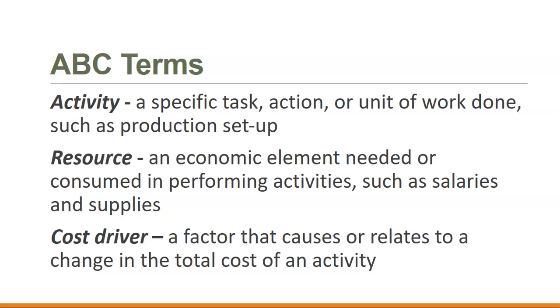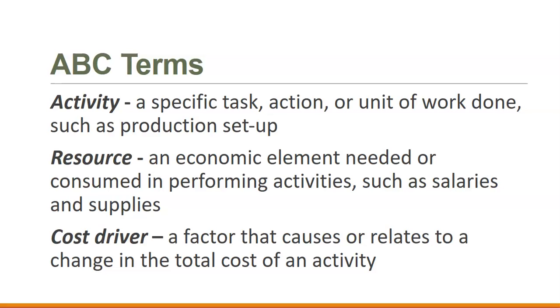We might have production setups, we could have maintenance, we could have janitorial, and the resource is the economic element consumed in performing activities: salaries, supplies, electricity, water. And the cost driver is the factor that causes the change in an activity.